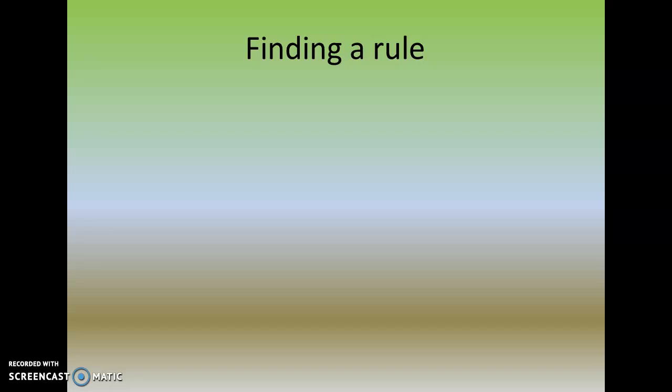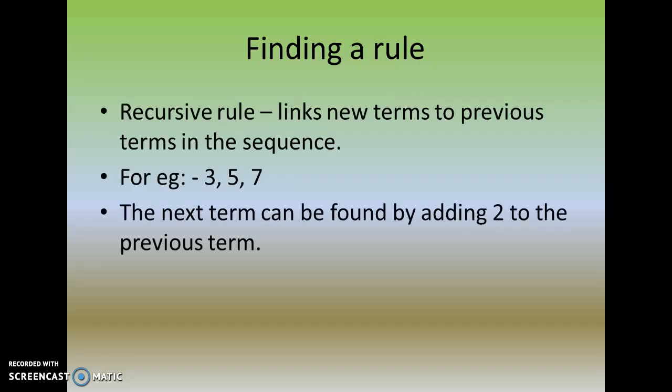Now when I'm looking at finding the rule, it's very important to understand what exactly a recursive rule means. Now, a recursive rule means it links a new term to the previous term in the sequence. All right. So, for example, here we have 3, 5, and 7. So, the next term can be found by adding 2 to the previous term, right?